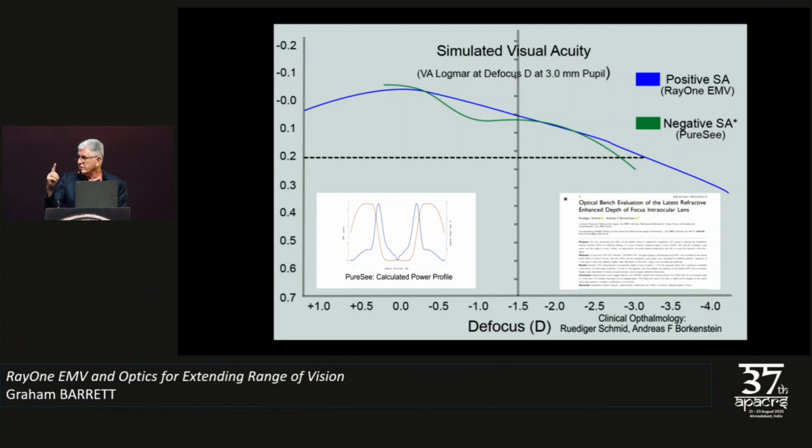It has an annular ridge of increased power within the pupil zone. And you see it looks very similar. So this shows you that the terminology of enhanced monofocal and extended depth of focus is not really a proper distinction, because here you can see that the simulated intermediate and near for the so-called monofocal plus lens is equal to the so-called extended depth of focus lens.